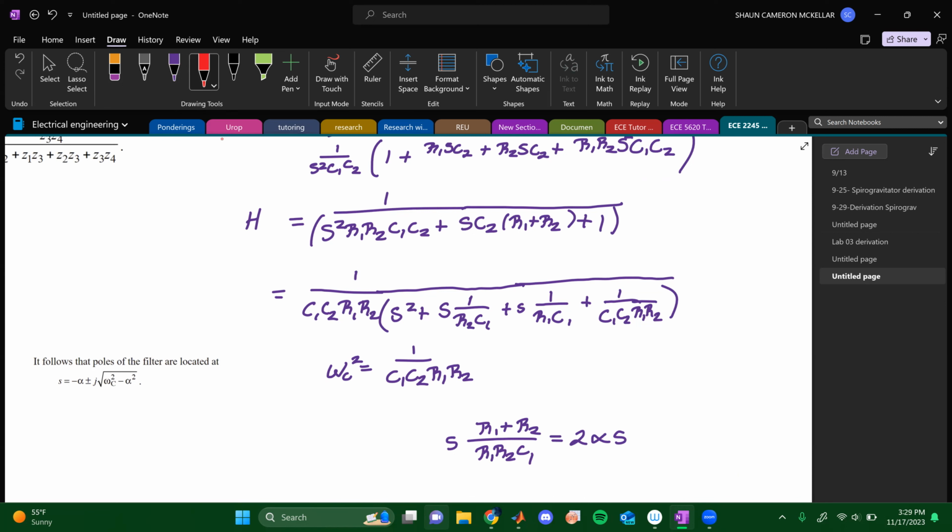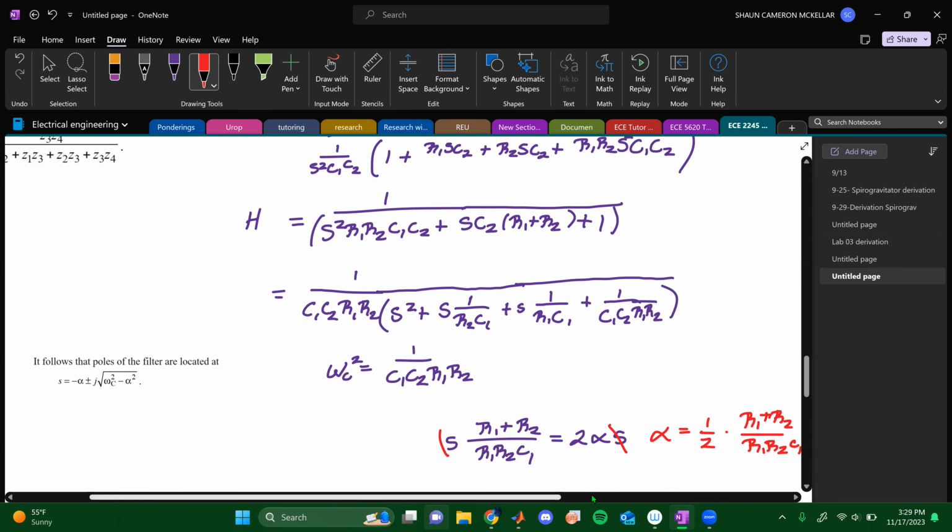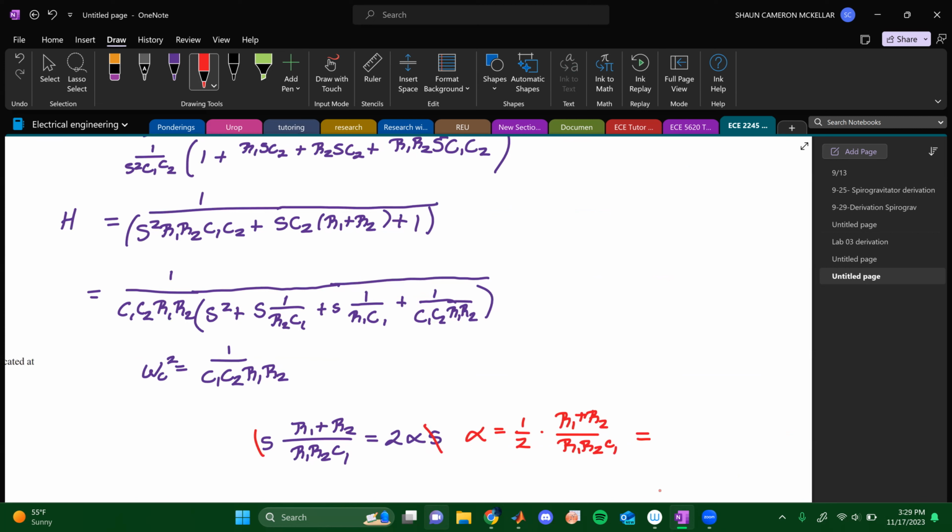So I can see the s's cancel, and then alpha equals 1 over 2 times (r1 plus r2) over r1 r2 c1. And notice that all the resistance terms actually look like a parallel resistor, the inverse of that, right?